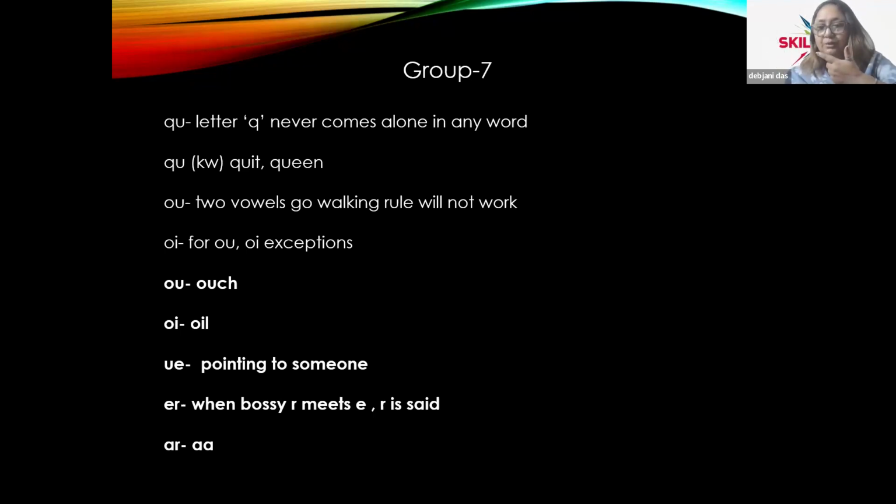By now you all know rule 1. But there is an exception. There are 2 exceptions, that is OU and OI.